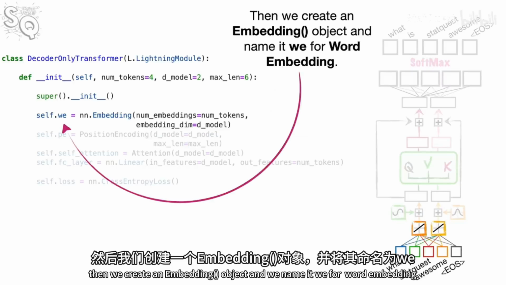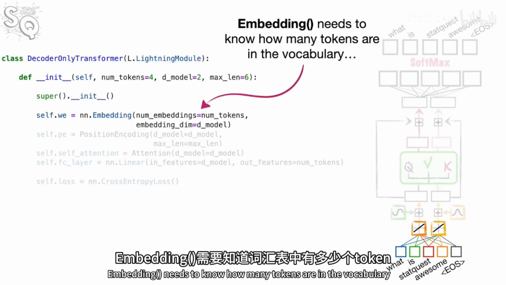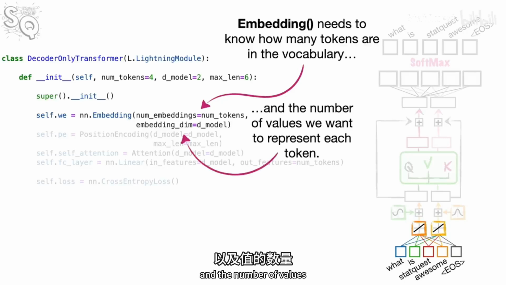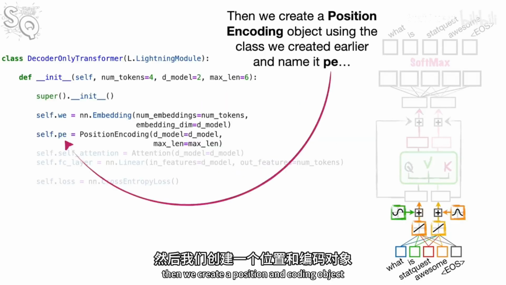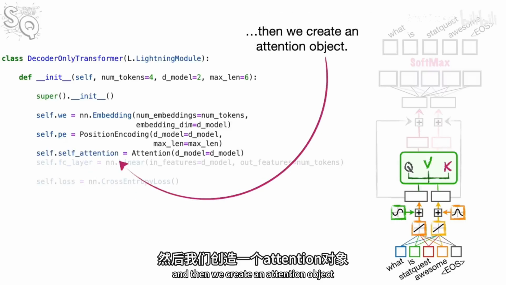Then we create an embedding object and we name it WE for word embedding. Embedding needs to know how many tokens are in the vocabulary and the number of values we want to represent each token. Then we create a position encoding object using the class we created earlier and name it PE, and then we create an attention object.